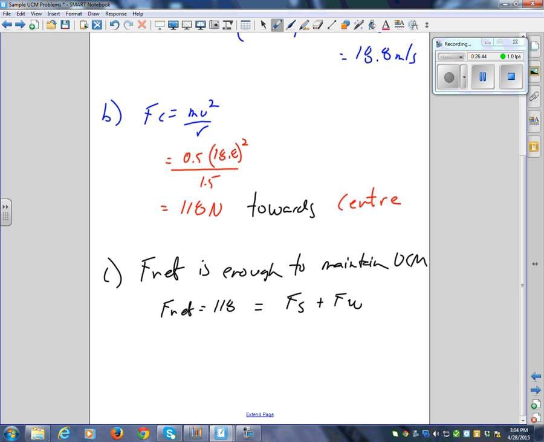Now, we are doing the bottom here. Fs is the string force, the tension. Which direction is the 118 at the bottom of the loop? Up, it's pulling the thing up, so this is plus 118. So 118 is equal to Fs plus my weight force, which is mass times gravity.